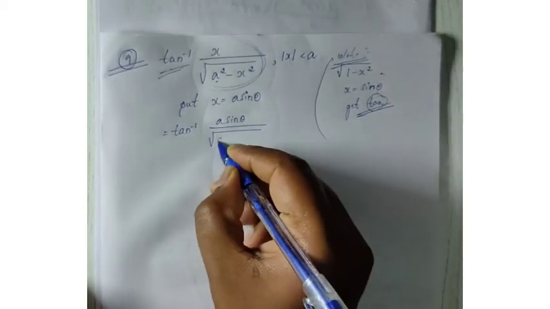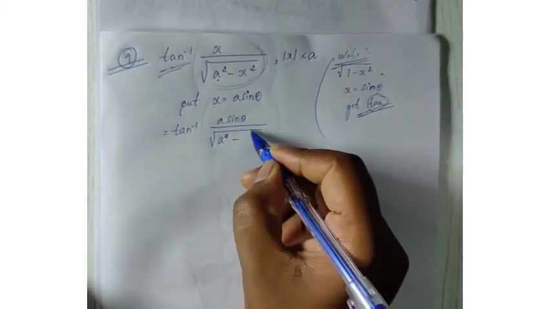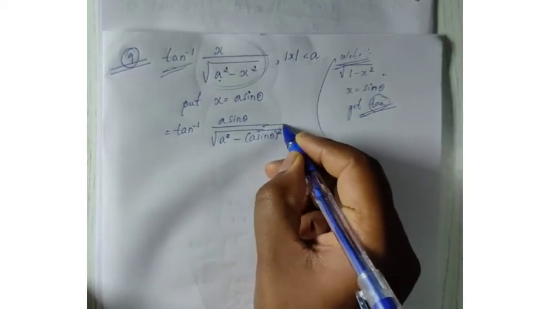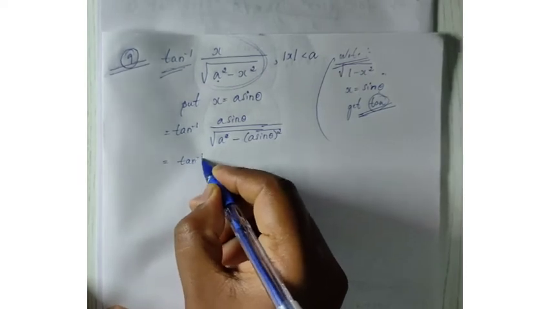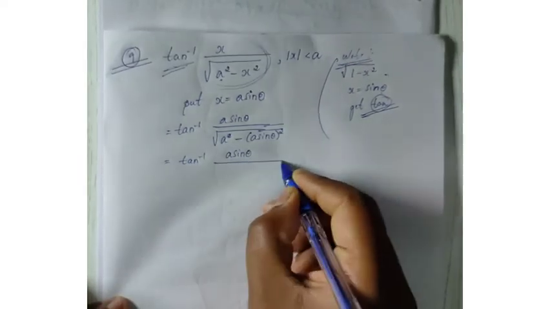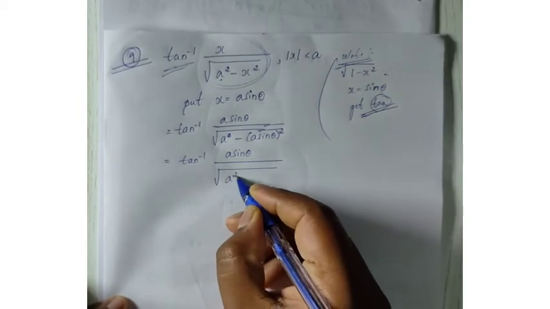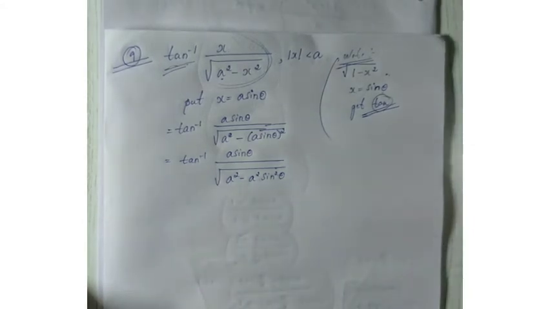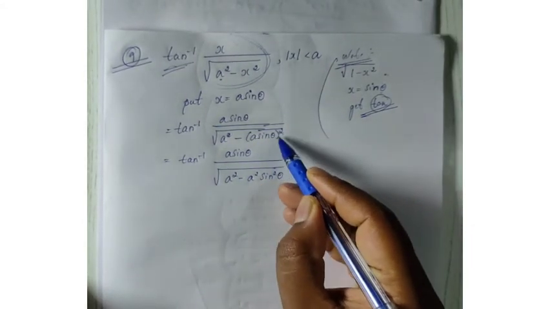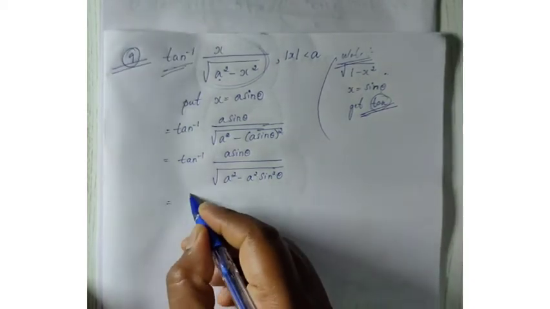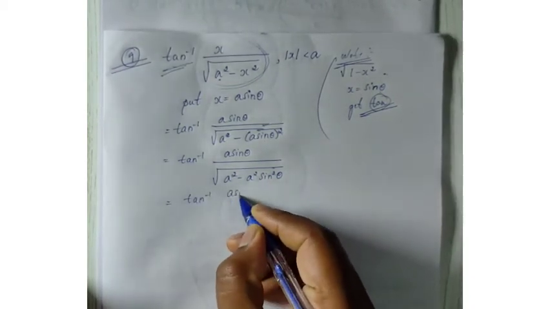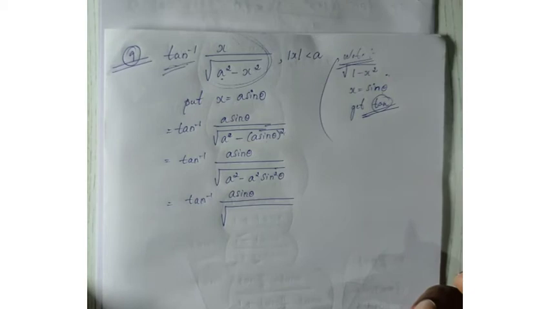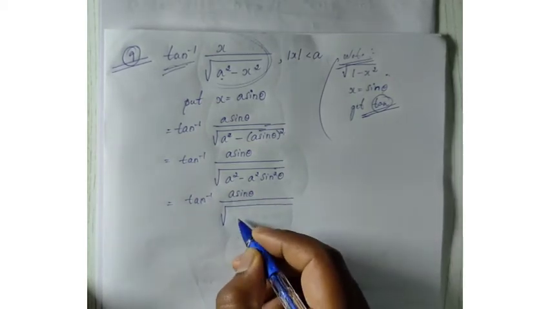divided by root a square minus x square, which is a sine theta whole square. So this will be tan inverse of a sine theta divided by root a square minus a square sine square theta. Right? The square is applied to a as well as sine theta. Now I'll take a square common in the denominator inside the square root.